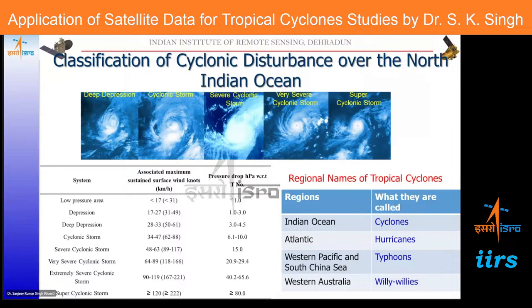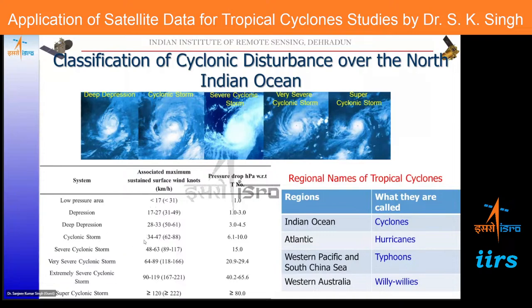Correspondingly, the pressure drop is 1.0. Further, if the wind speed increases, it is called a depression, around 17 to 27 knots, and further it is categorized as a deep depression.